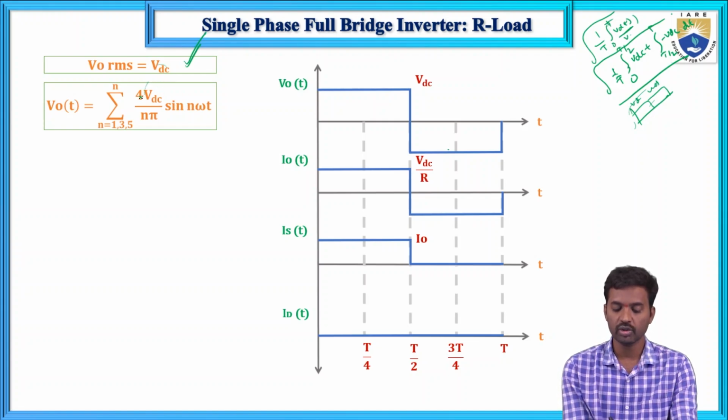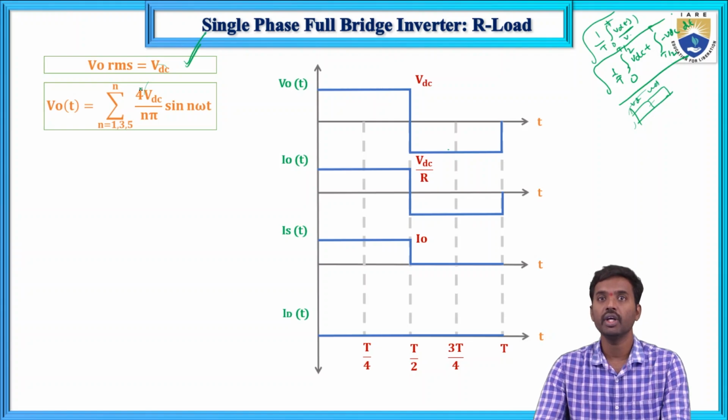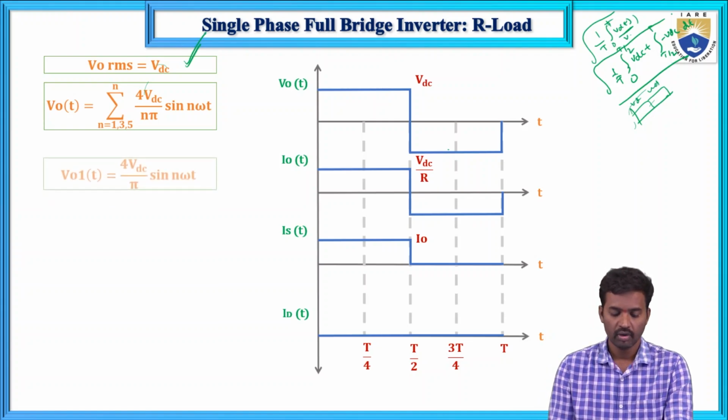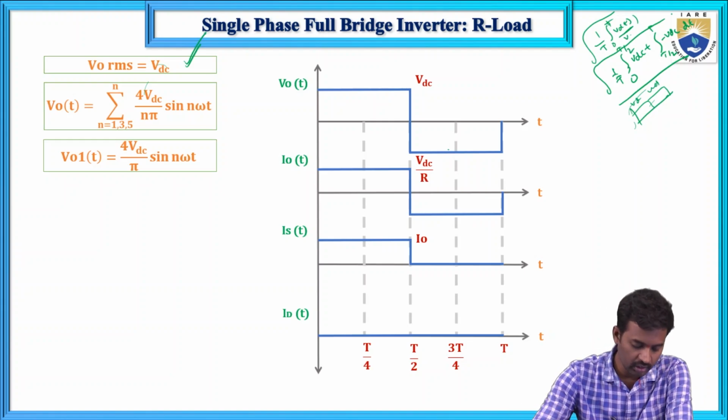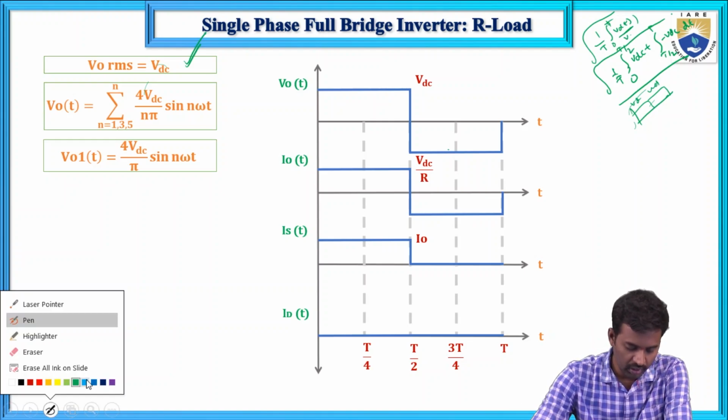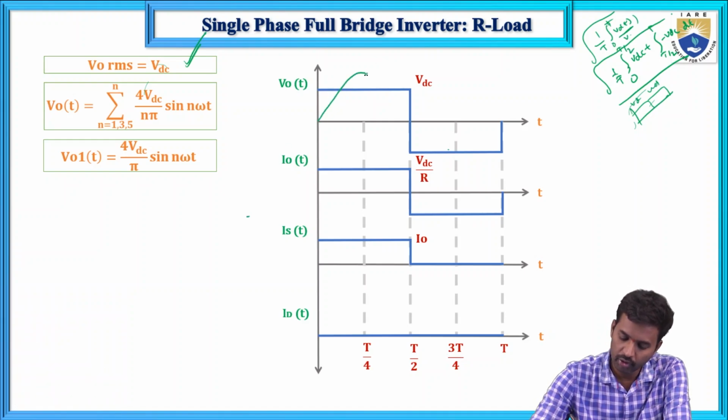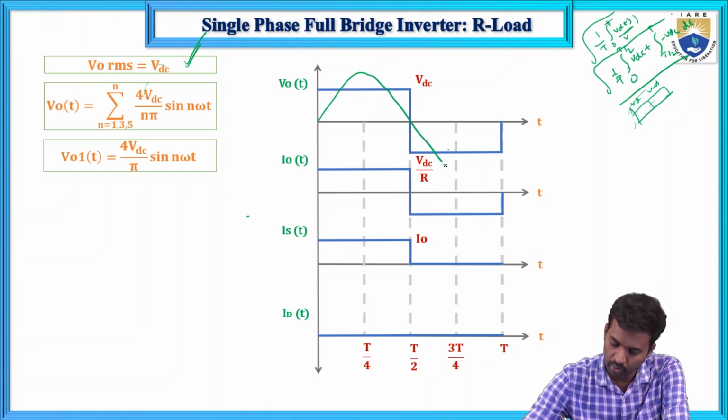Actually this Vs equals the output voltage, equals VDC. So what about the fundamental component of output voltage? How will we draw it? So now I am drawing it, so this is the fundamental component of output voltage.